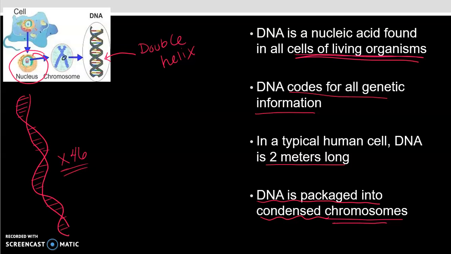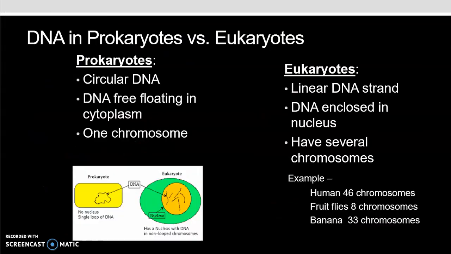So how does that fit into a cell and into the nucleus of a cell? How do we get those to fit? And that is where this DNA packing comes into play. And so our DNA becomes chromosome structures.